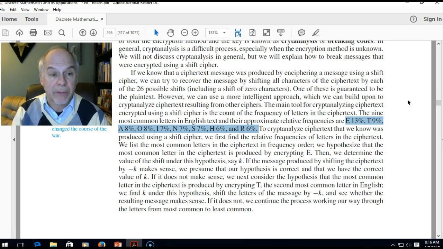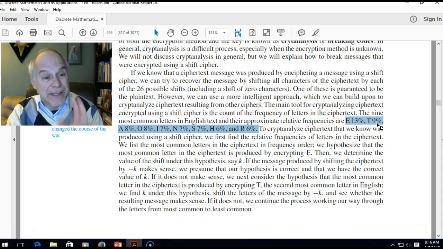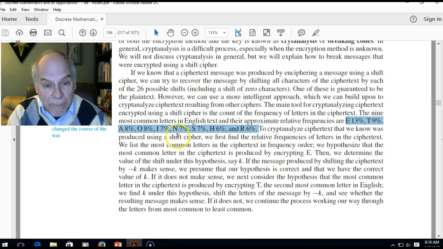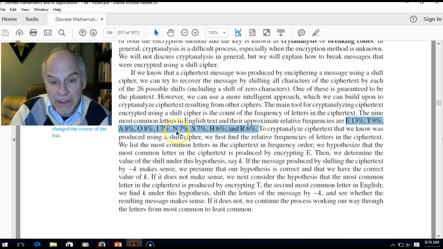We know what the frequencies of letters are in common usage and common messages that are transmitted. The E is the most common letter. It occurs 13% of the time. Then the letter T 9% of the time. Then the letter A 8% of the time, and the O 8% of the time, etc. Then the letter I and the letter N.